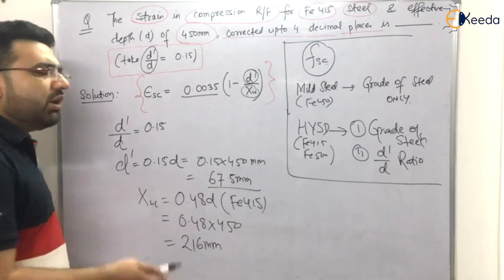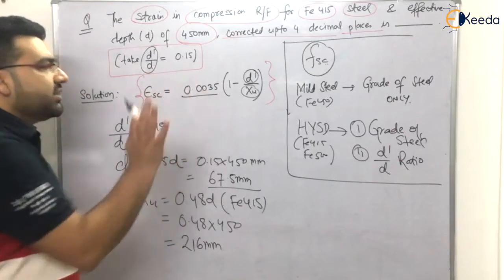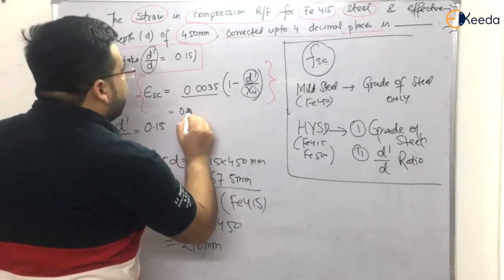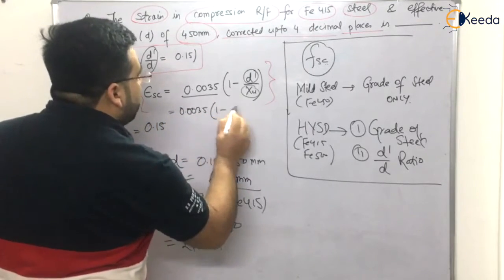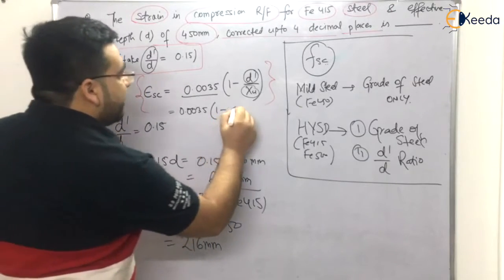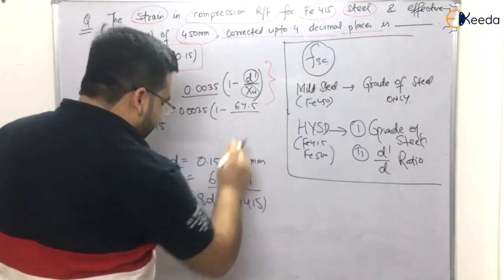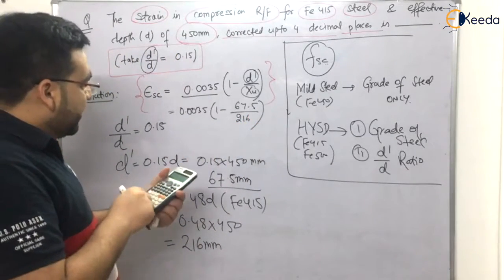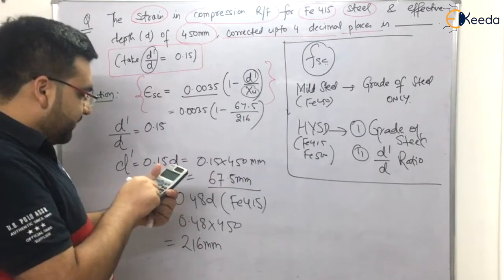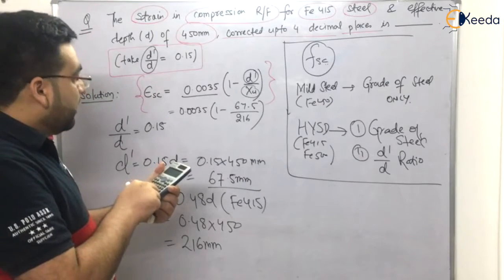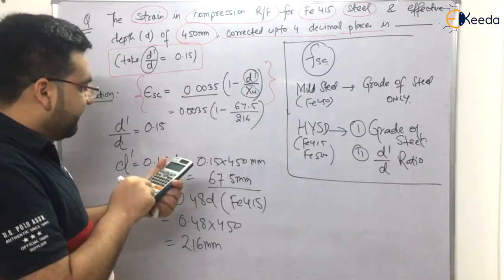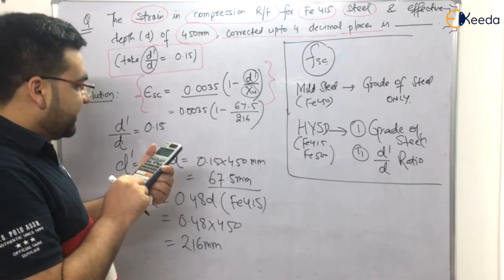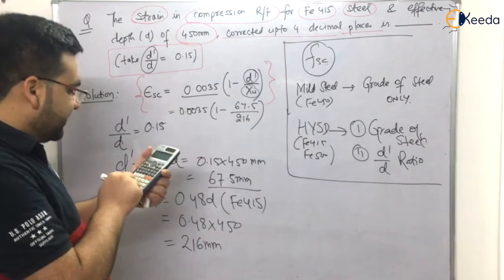Now it is just a cakewalk. Just put the values in the formula and you will get the value of epsilon sc. So it will be equal to 0.0035 times (1 minus 67.5 divided by 216). How much will the answer be? 67.5 divided by 216 is 0.3125, so 1 minus that is 0.6875, into 0.0035.